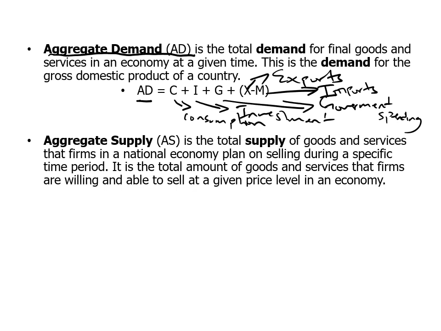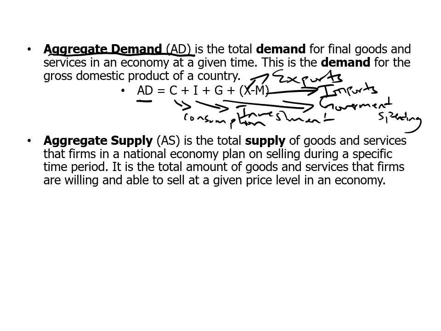How about aggregate supply? Aggregate supply is the total supply of goods and services that firms in a national economy plan on selling during a specific time period. So it's the total amount of goods and services that firms are willing and able to sell at a given price level in an economy.